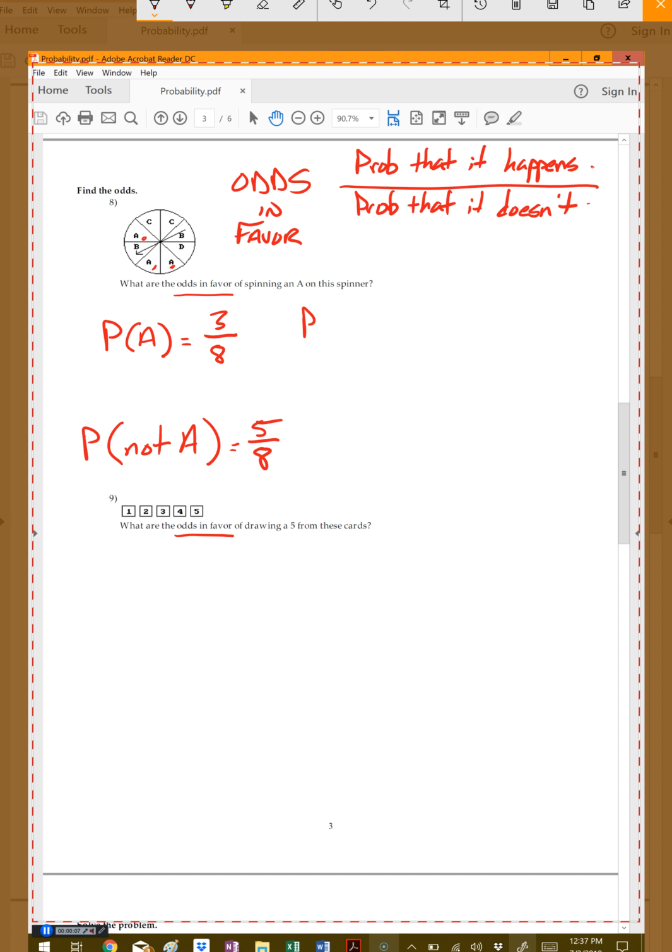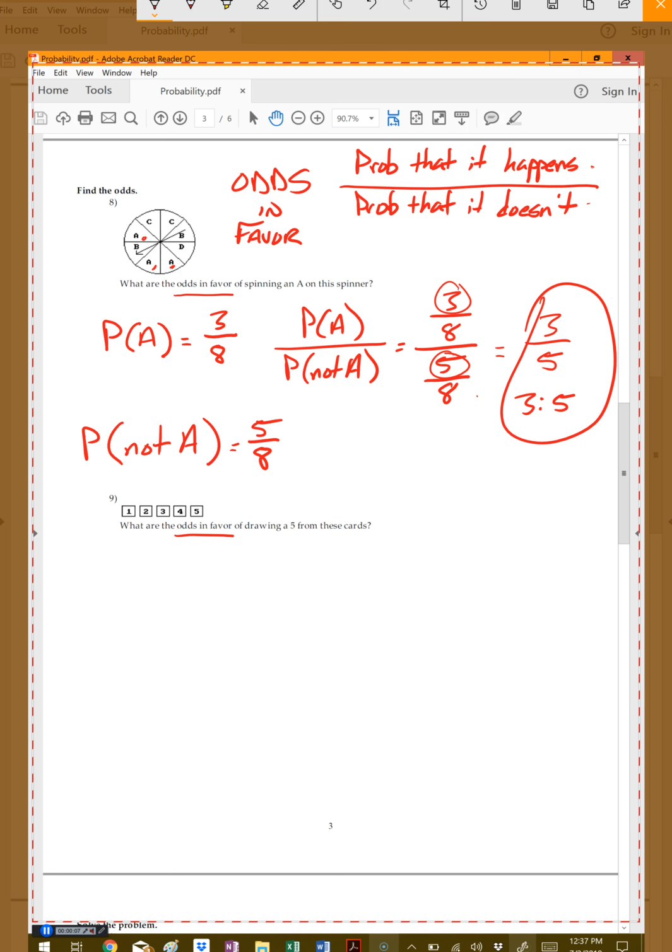That is 3/8 over 5/8. With a compound fraction like this, with the same denominators, we're going to pull the 3 and the 5 and make that 3 to 5. We may like that a little better, 3 to 5.